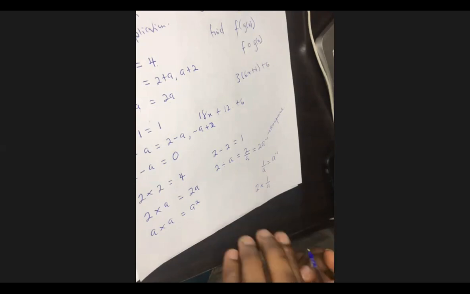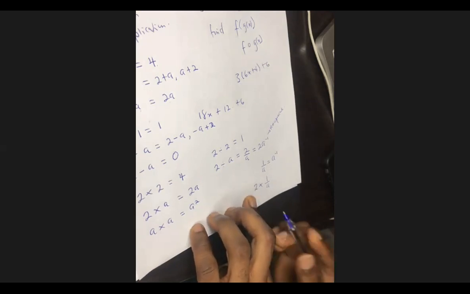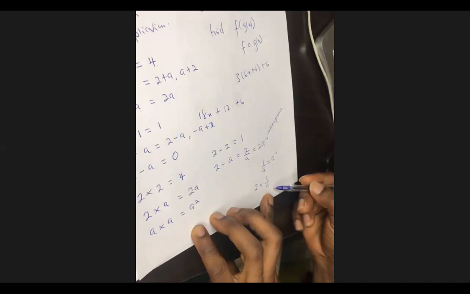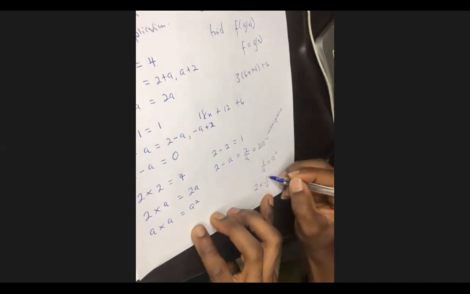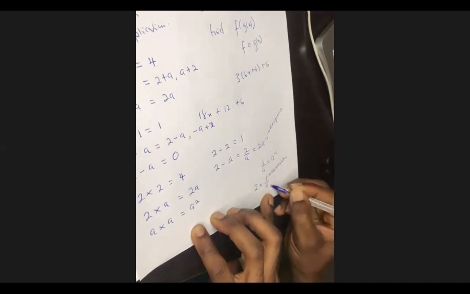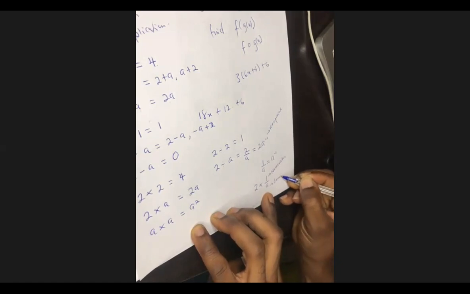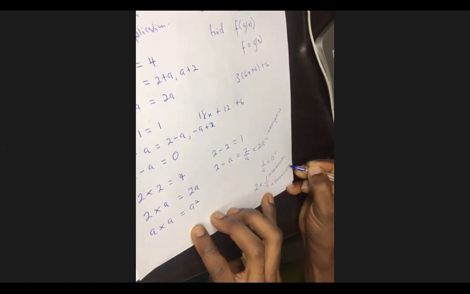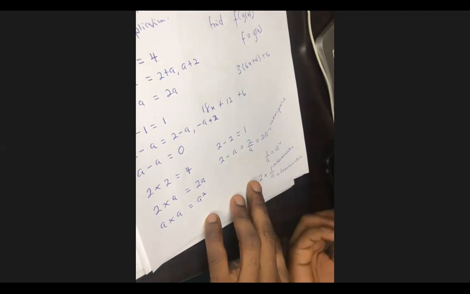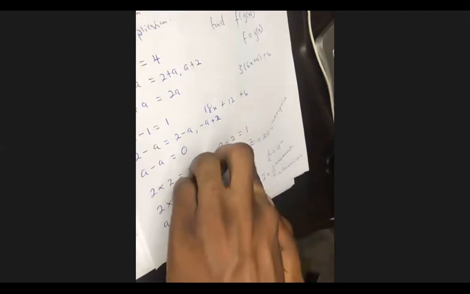Anytime a natural number or a whole number multiplies a fraction, it always multiplies the numerator, the one up. This one is called the denominator. So if 2 multiplies 1, it is still 2. That is how come I had 2 over a here.